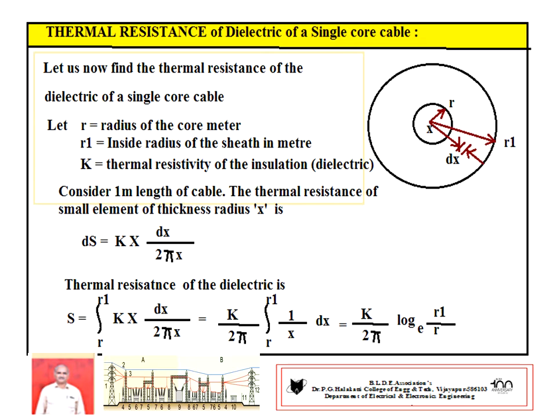This small change ds varies from r to r1, so we integrate over the thickness of the insulation, from r to r1. Taking K divided by 2 pi outside, the integral of 1 by x dx from r to r1 gives K divided by 2 pi log e r1 by r.